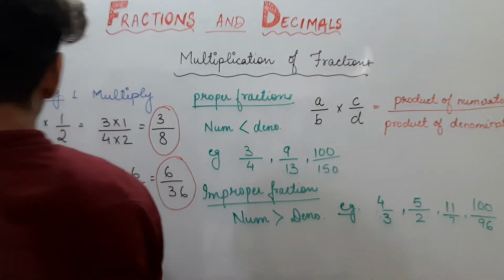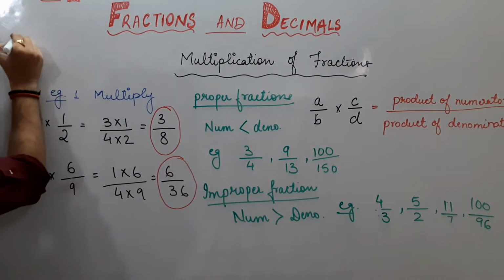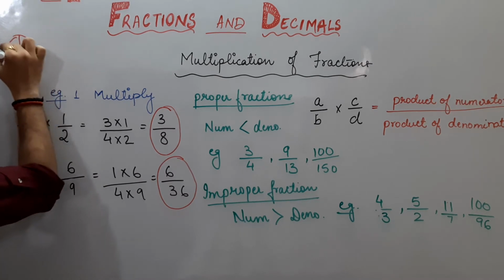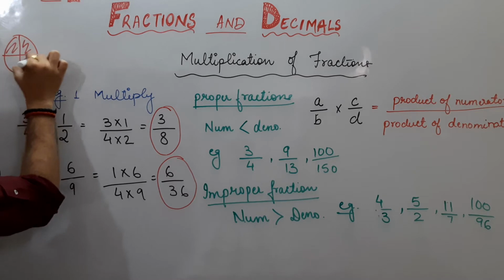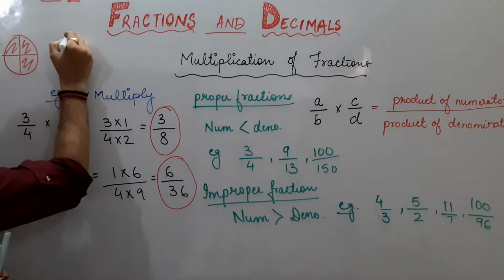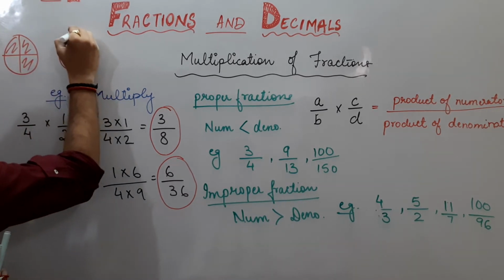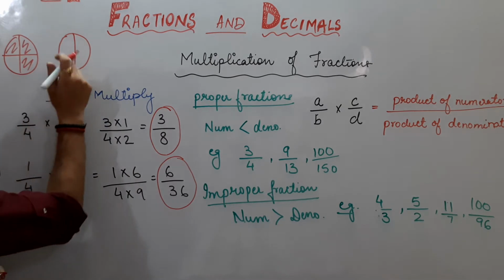If you want, just see one example here, like 3 by 4. Means I am having one circle which is having 4 parts. Out of these 4, 3 are shaded, right? If I am having 1 by 2, that means one circle having two portions.